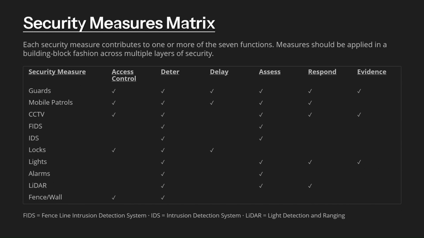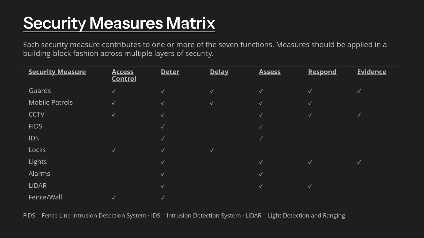Now, let's connect theory to practice using the security measures matrix. Each security measure, such as guards, CCTV, alarms, or access control systems, supports one or more of the functions we just discussed. For example, CCTV plays a role in detection, assessment, and evidence gathering. Access control systems primarily support access control and deterrence.